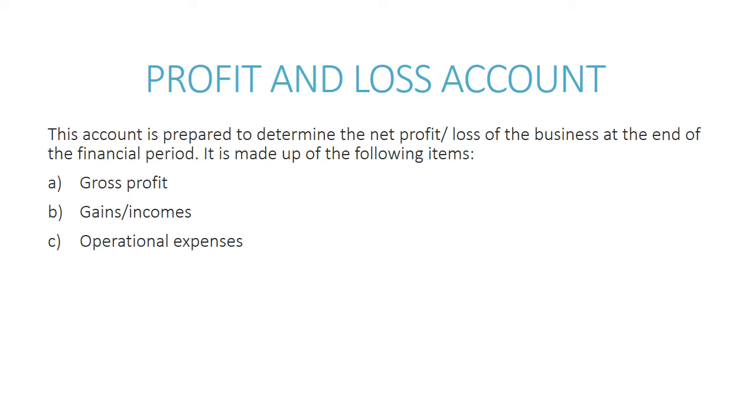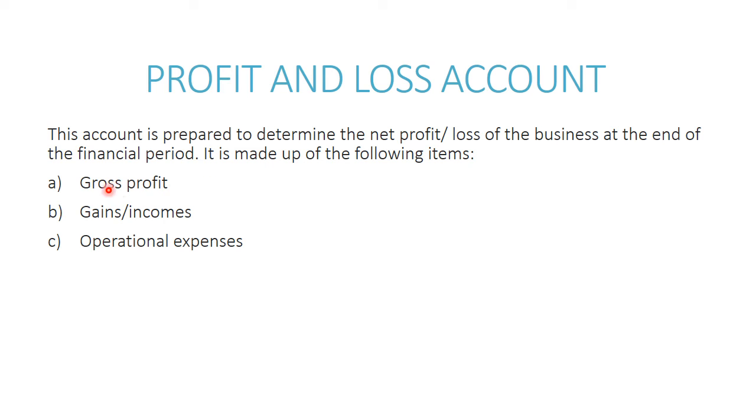So with the profit and loss account, you can either calculate the net profit, or find the net loss, depending on the way trading has been conducted in that period. The profit and loss account is made up of the following items: the gross profit, the gains, or incomes if you want, and also the operational expenses.